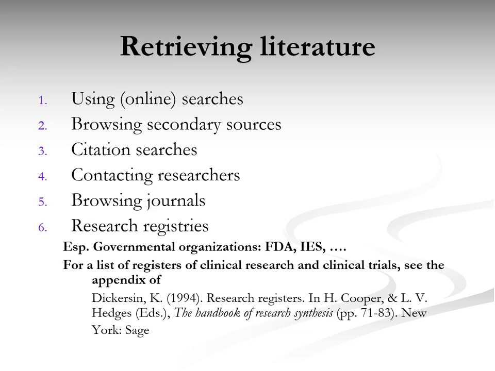So, for instance, the Food and Drug Administration of the US or the Institute of Education Sciences of the US, they keep a record of all studies that were funded by these organizations.